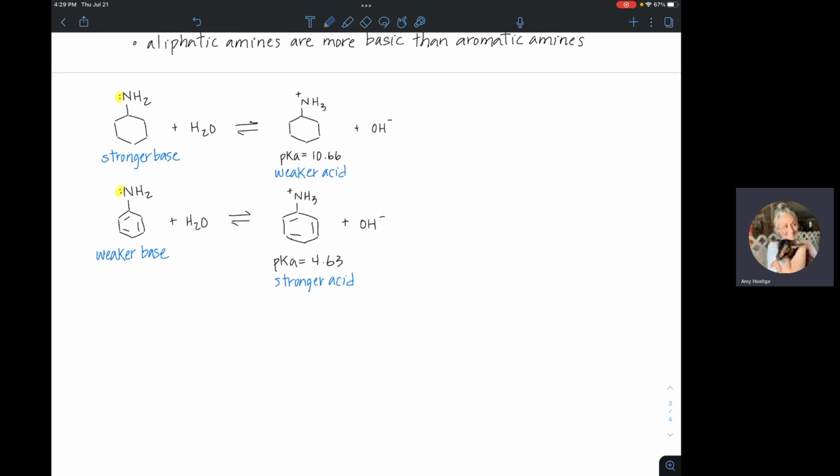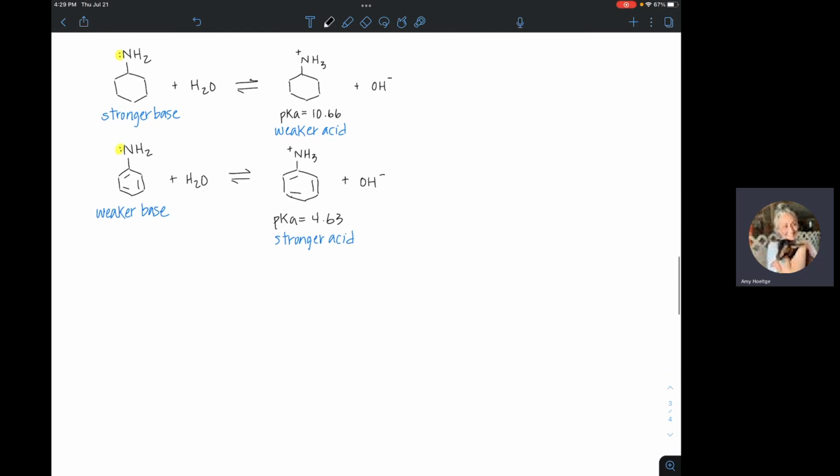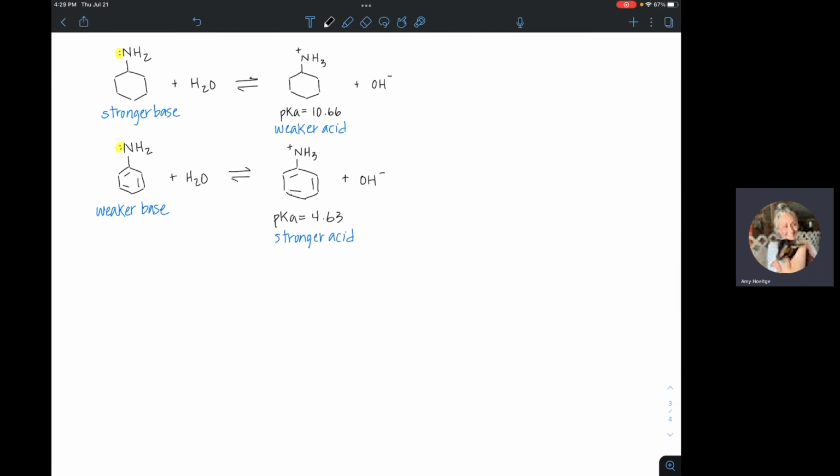You could also draw resonant structures to further convince yourself. If you didn't have those values available, you could say, well, what can I do with aniline that I can't do with cyclohexylamine? I could take the lone pair of electrons on aniline and I can delocalize them. Remember, we were saying you want those electrons to be more localized on the nitrogen because you want to use them, right? It's like having liquid funds versus tied up in stocks, right?